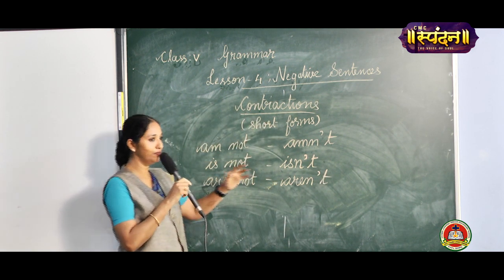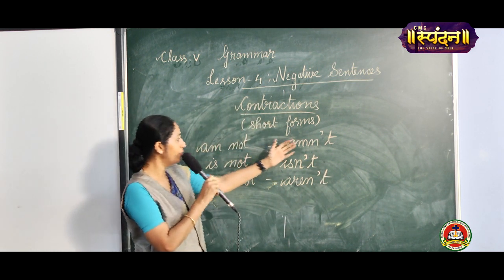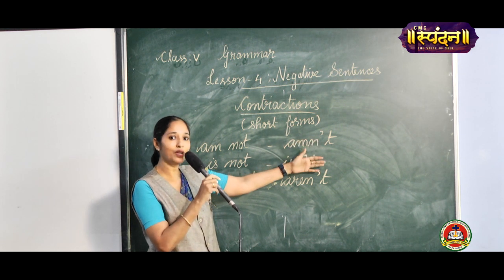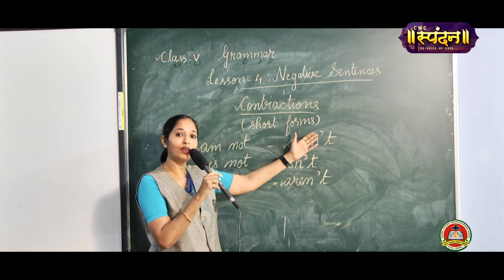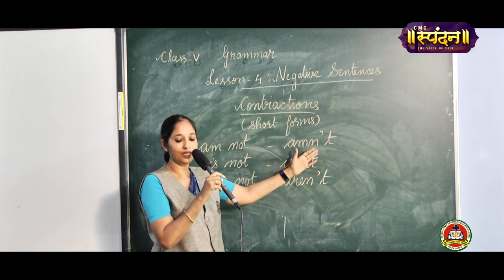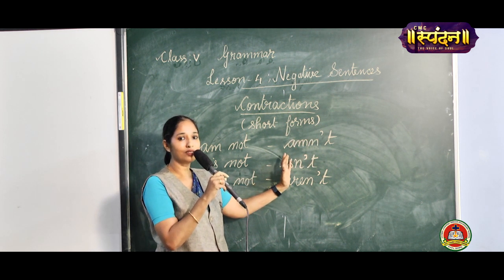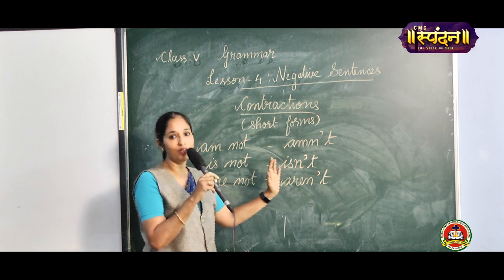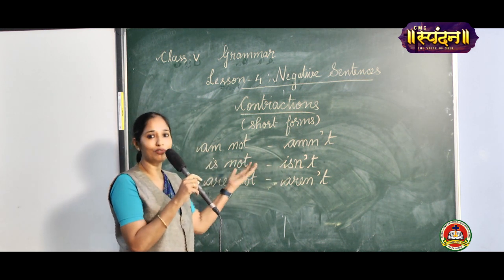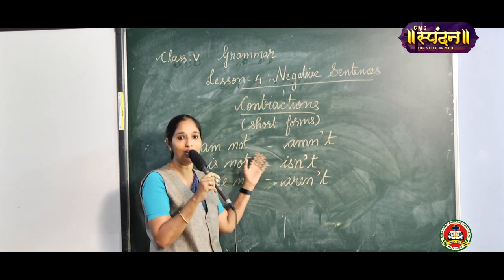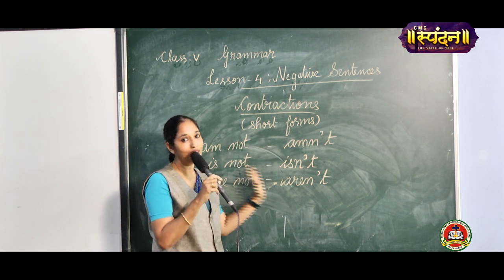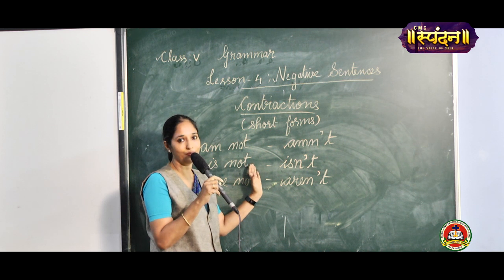See, for negative contractions, we omit that O, and in place of that O, we are putting the apostrophe. So these contractions make the language very beautiful. So start using contractions when you write stories and all, in your dialogues and all. Start using the contractions.